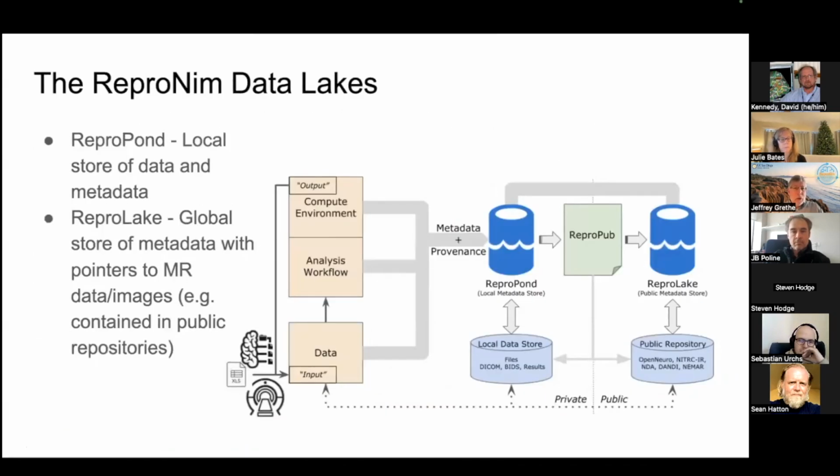And within the ReproNim context, we consider two types of lakes, right? There's the local lake. As you're collecting your data locally, we consider that to be a repro pond, right? So a smaller collection of data that you might have locally from different studies, that's structured in a way that has appropriate metadata, that you can use for analysis, or even have ways to query across.